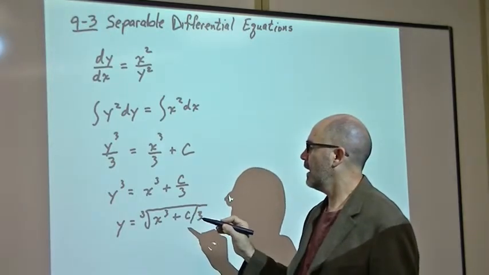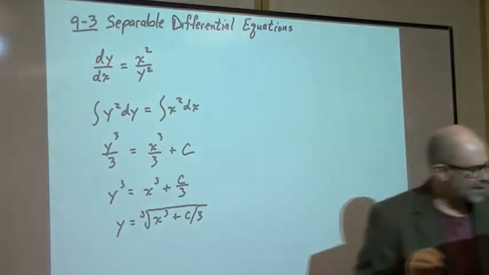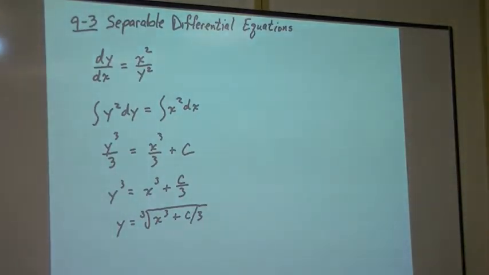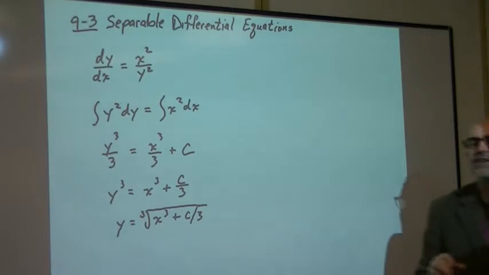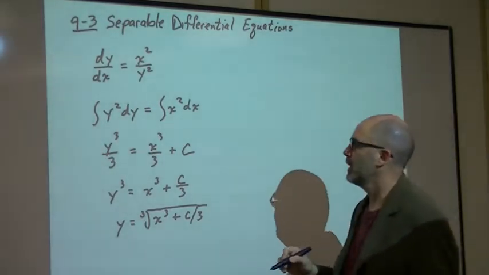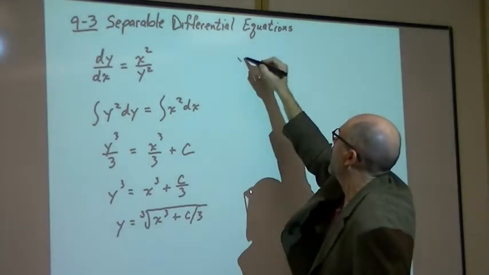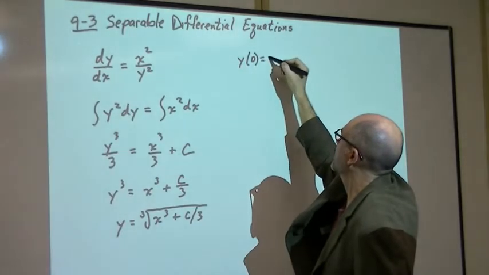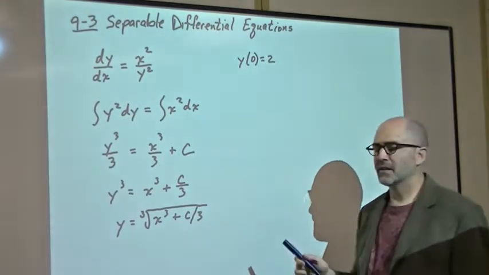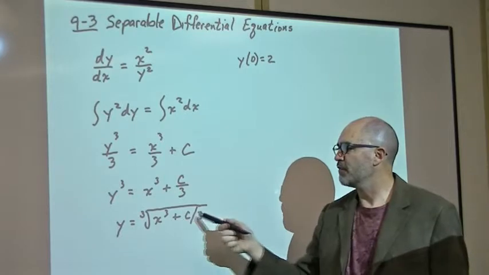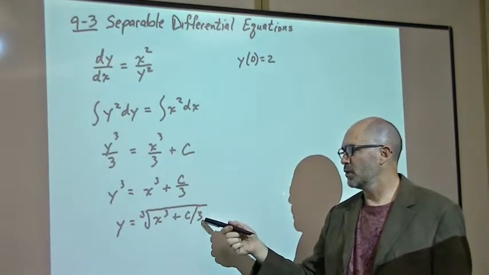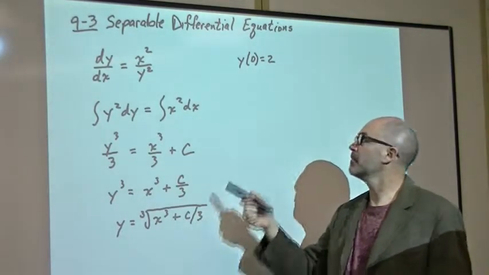Now, next step is they give us initial conditions. So they say y of 0 equals 2. Now remember what that does. This is an entire family of solutions depending on what c is.